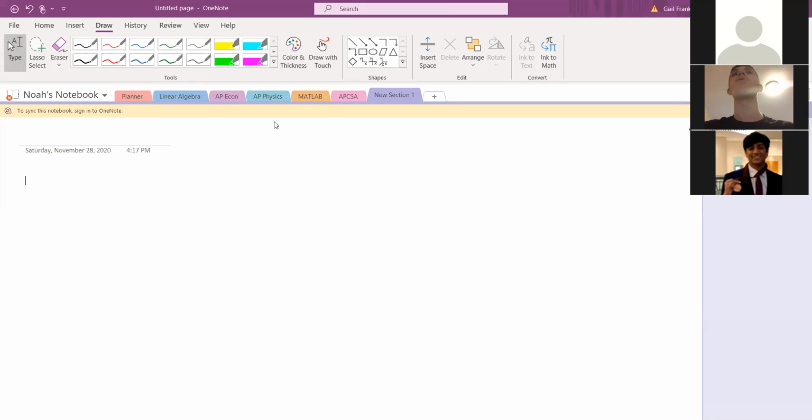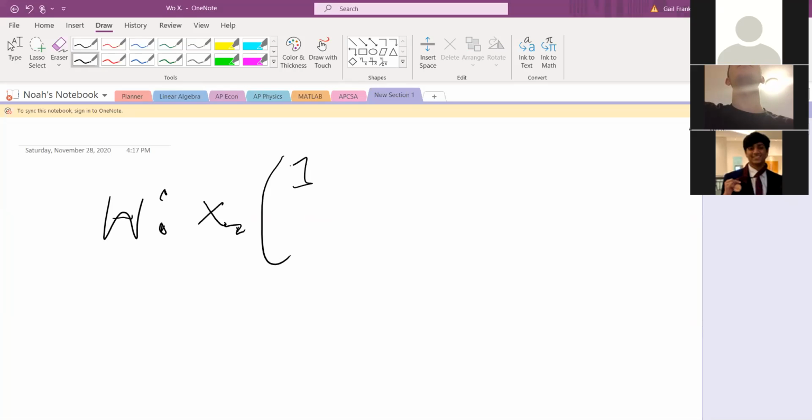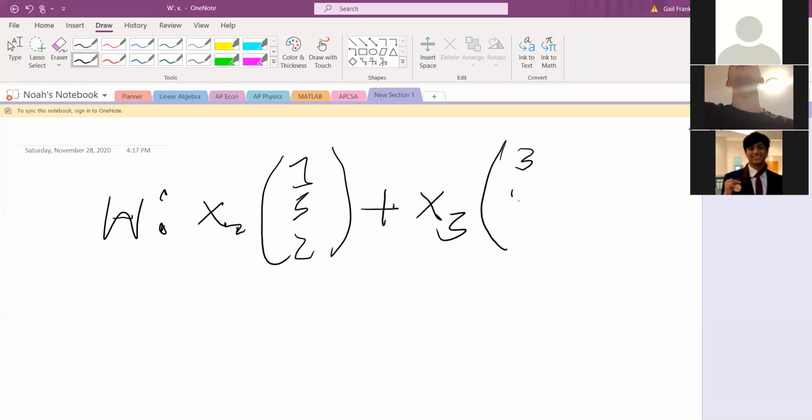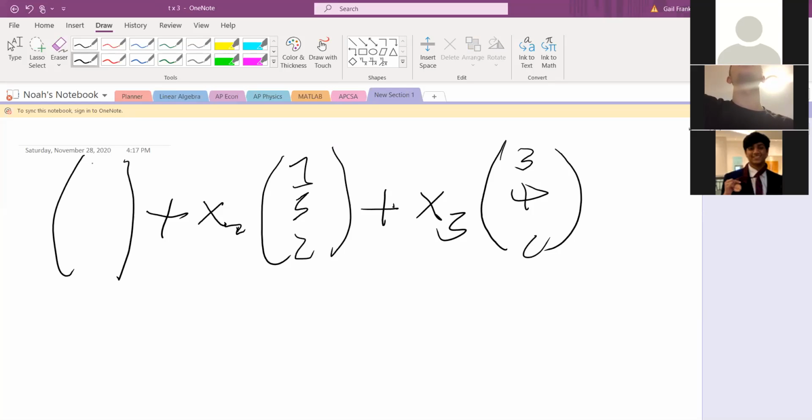Yes, parametric vector form for a homogeneous system. For a homogeneous system, you'll have your free variable x2 times some vector plus a free variable times some vector. But for an inhomogeneous system, you'll also have some constant vector.